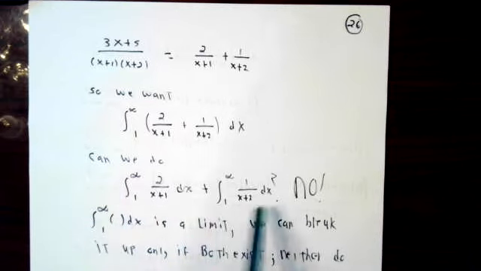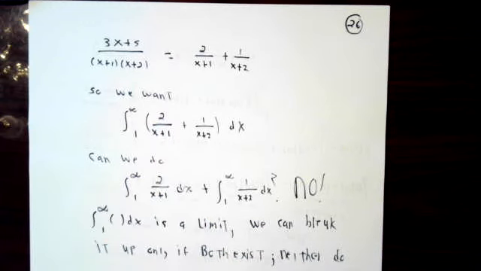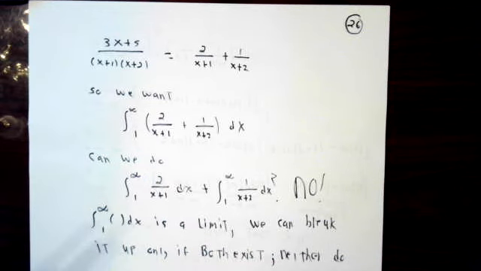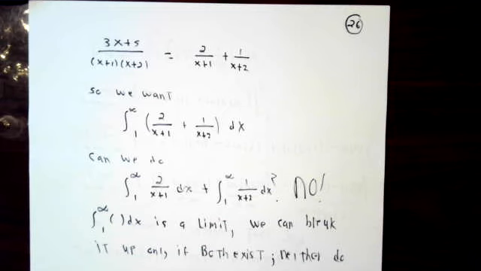These improper integrals are limits. This is the limit as the upper limit of integration goes to infinity, plus something of that same nature. The only time you can split the limit of a sum up into the sum of the limits is when both of them exist.